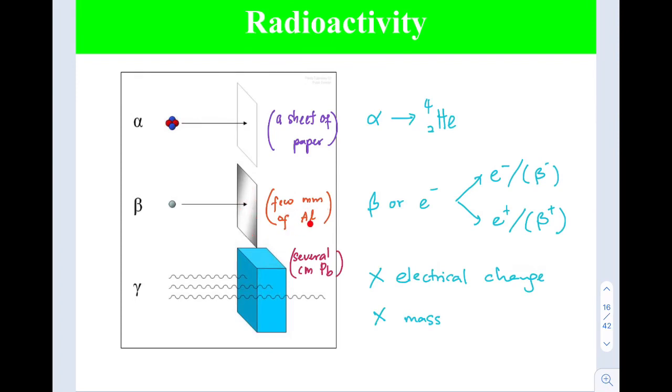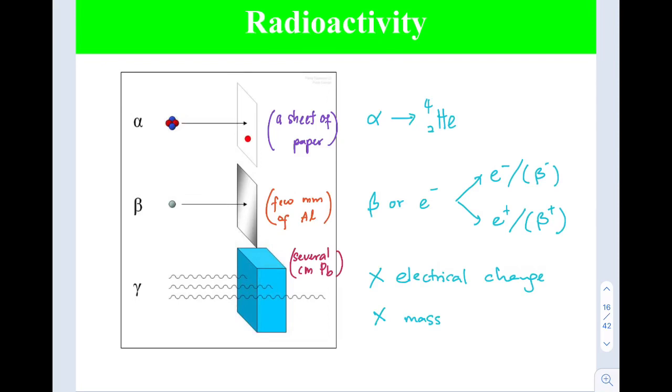After that, all of its energy is absorbed. For gamma, it has the highest energy, no electrical charge and no mass, so its ability to penetrate is the highest of all. It can penetrate several centimeters of plumbum, or lead.